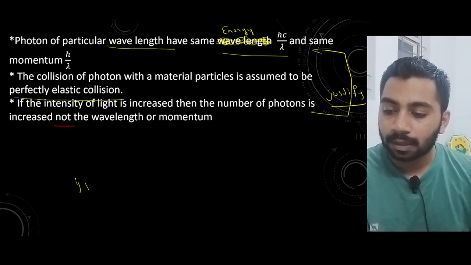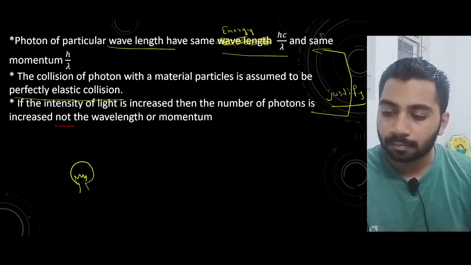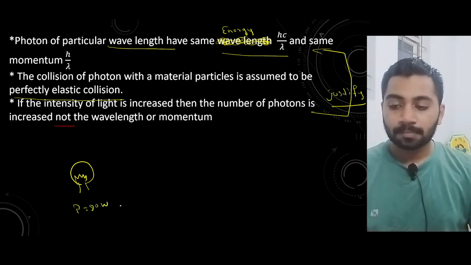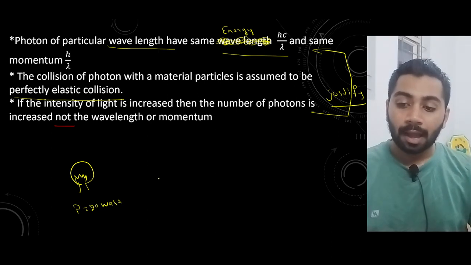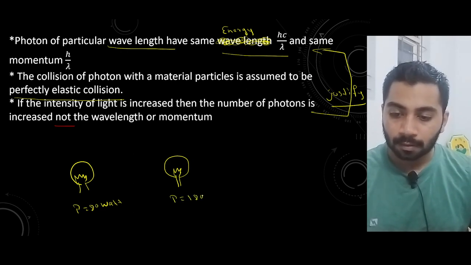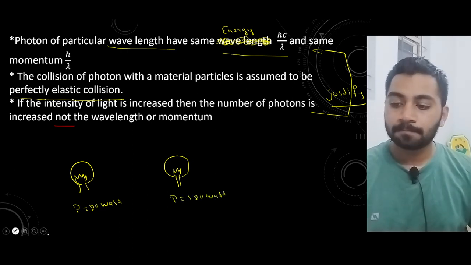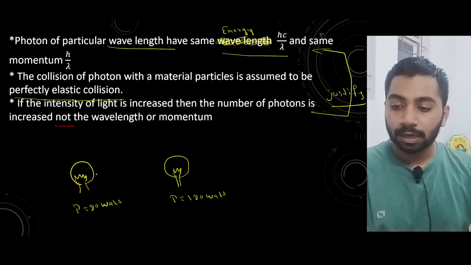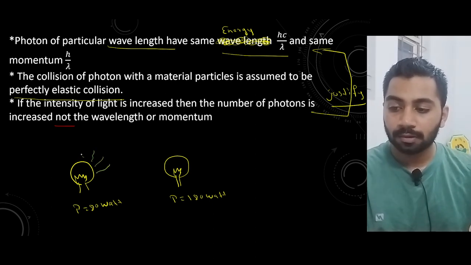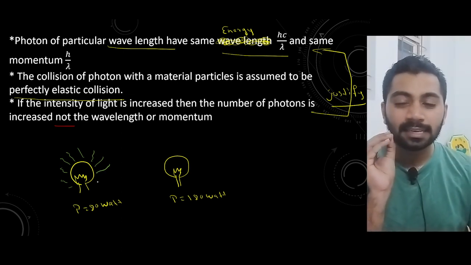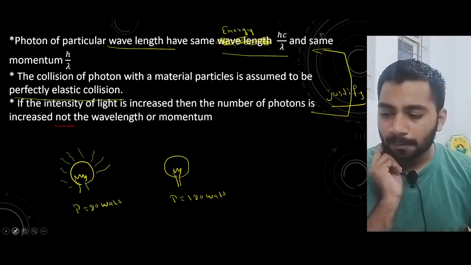Now imagine I am taking a light here with power 80 watts, and one more light here with power 180 watts, and we know that they have some radiation outside. Let's say which color?